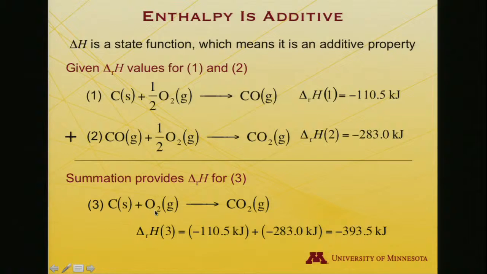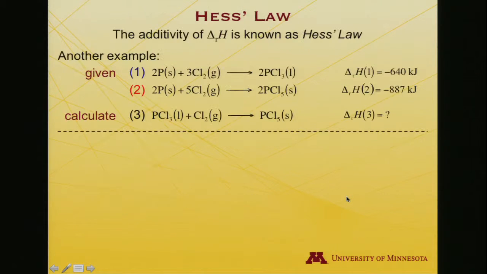So carbon plus oxygen goes to carbon dioxide. The proportions are different. And the enthalpy change can be determined as the sum of the two individual enthalpy changes because it's a state function. I'm just interested in getting from carbon and oxygen to carbon dioxide. And so it's minus 393.5 kilojoules.